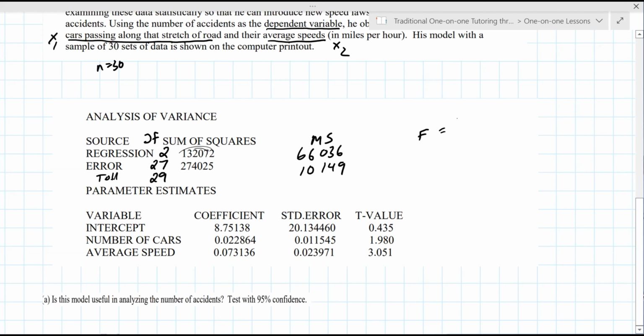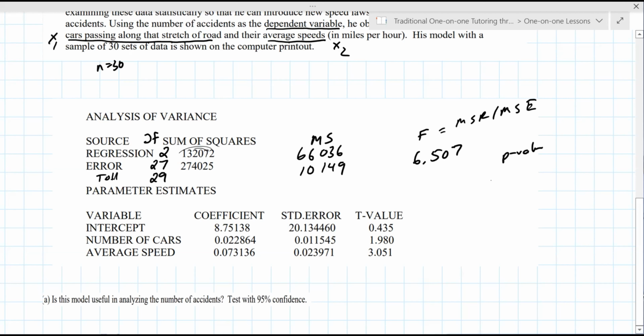Your F is the mean square regression over the mean square error. You take those 2 numbers, divide them, and you're going to get something close to 6.5, we'll say. Let's see what it is exactly. 6.507.